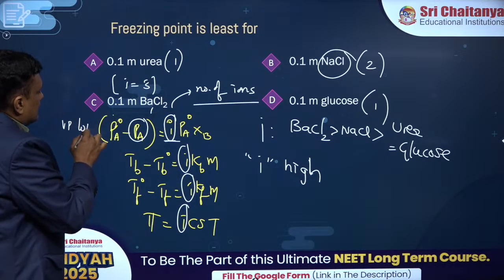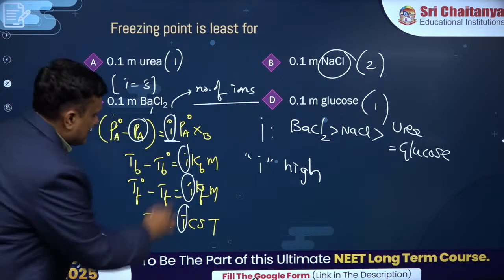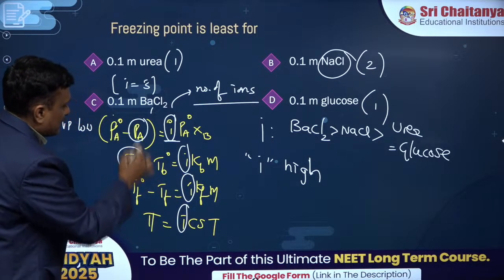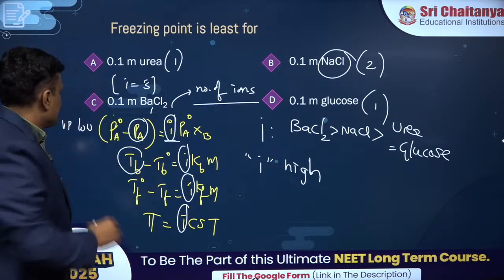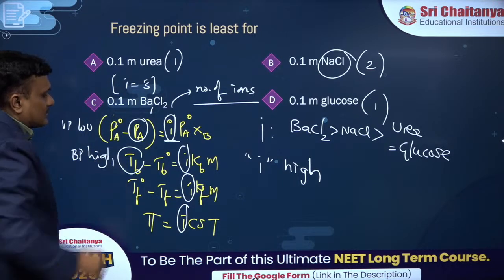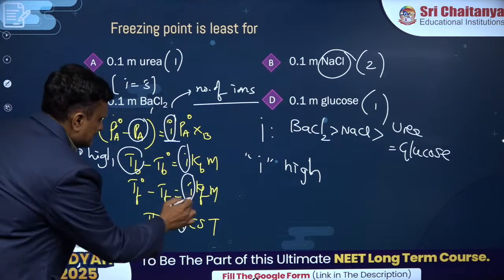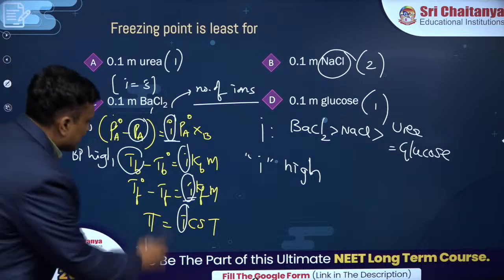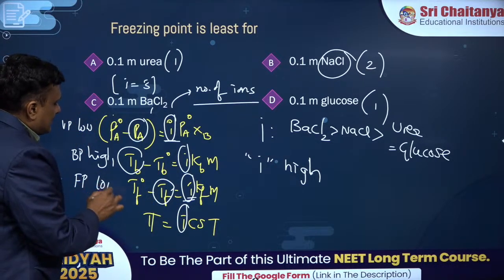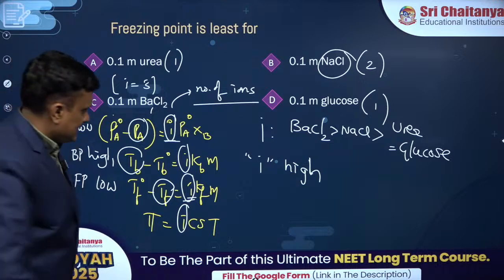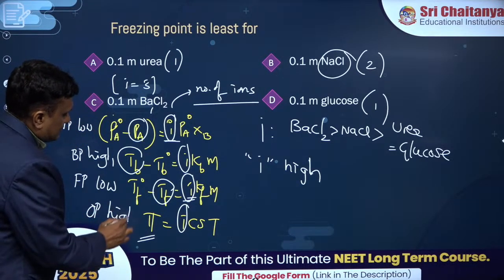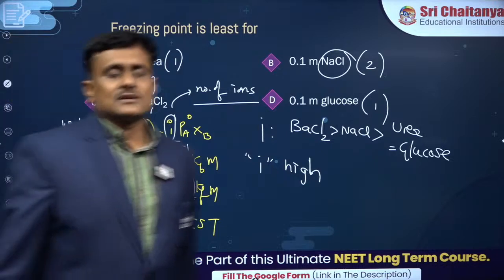If i is high, the difference in the boiling point is high, so the boiling point of the solution is high. Remember this. If i is high, the freezing point of the solution is low. If i is high, osmotic pressure is high. That's it. So this is something that you guys have to remember.